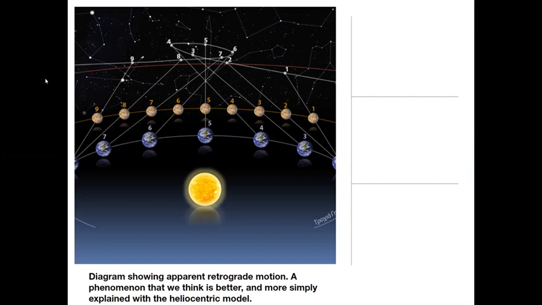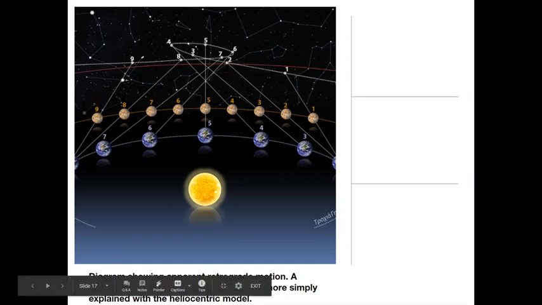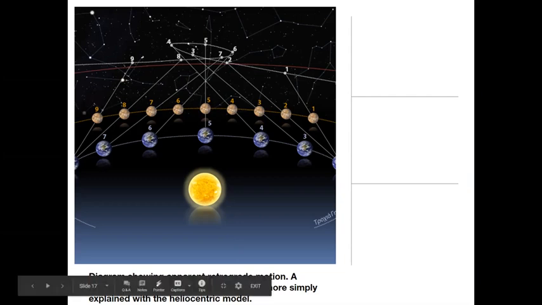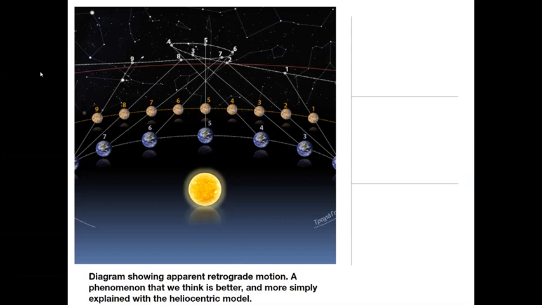We had a really tough time explaining this, especially before the heliocentric model. For the longest time, many scientists and philosophers thought that the Earth was the center of our solar system, but they had a really tough time making sense of this phenomenon. But once we move to the heliocentric model, we can do a much better job of explaining why planets seem to do this. It has to do with the position of the Earth, its rotation, right?